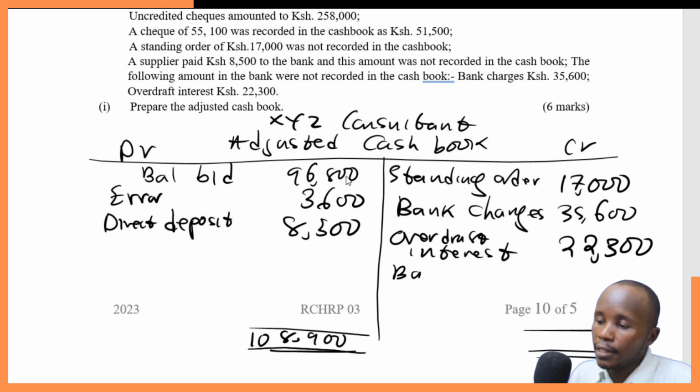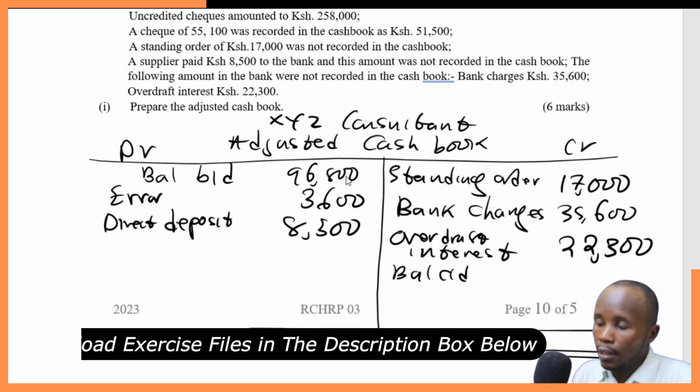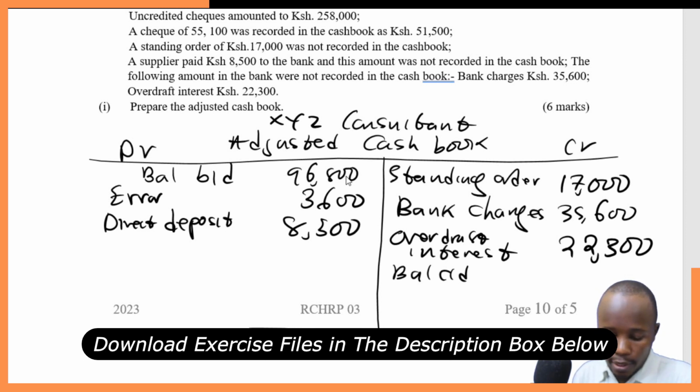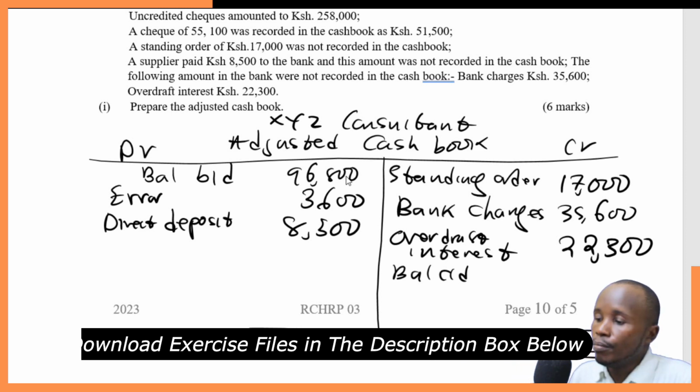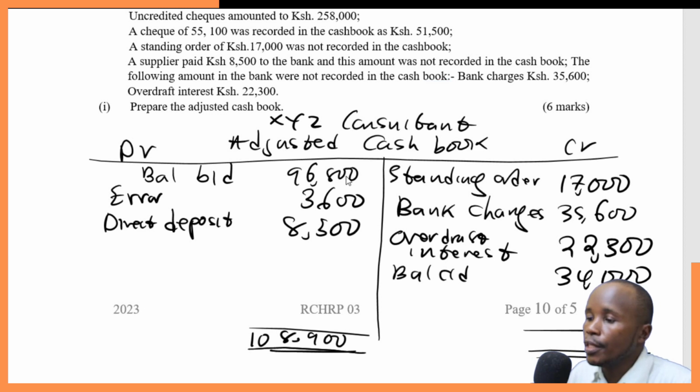Then balance carried down, minus 17,000, minus 35,600, minus 22,300. So balance carried down here is 34,000. So this is the correct position of them.